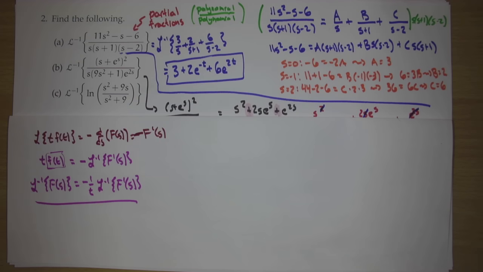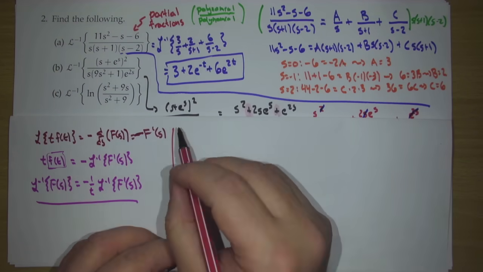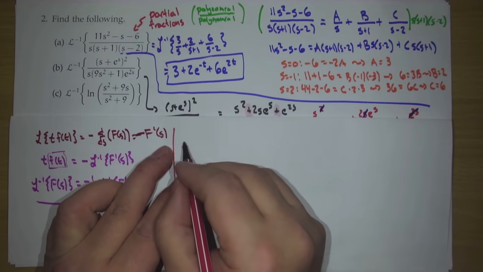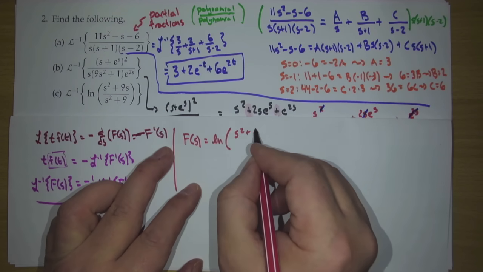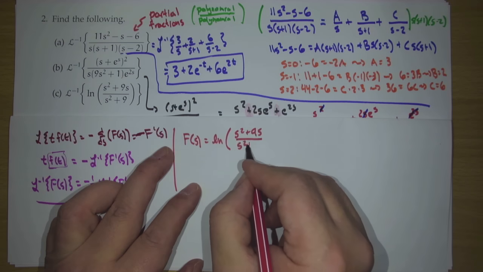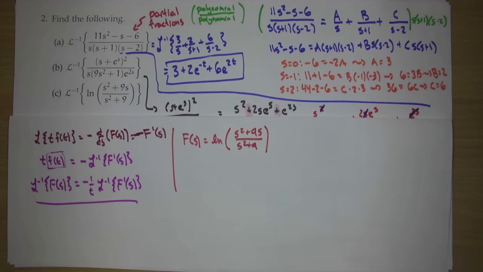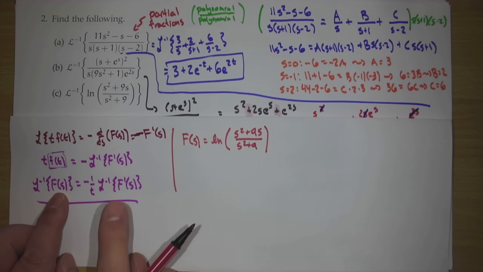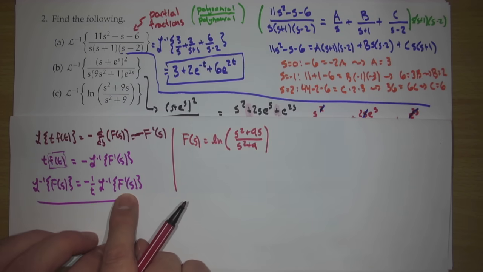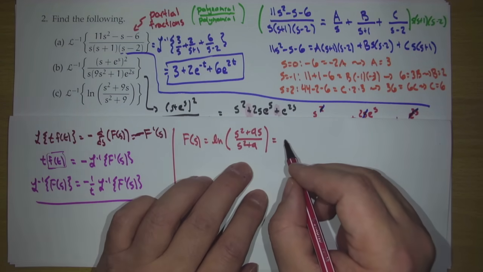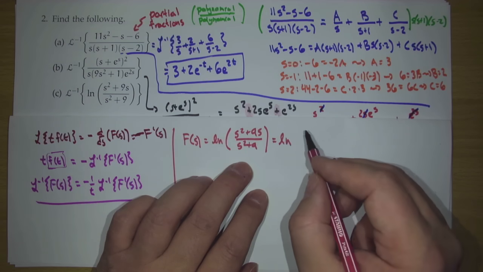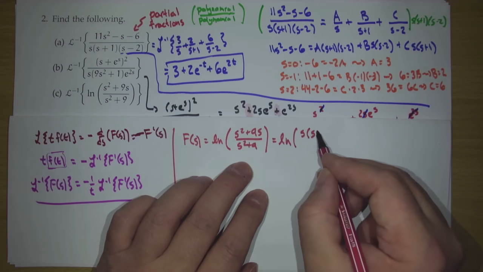All right, so how do we use this? Well, we're trying to do this inverse Laplace of something messy. So right now our function F of s is log of (s squared plus 9s) over (s squared plus 9). Instead of doing the left-hand side, the inverse Laplace of F, we'll do the right-hand side, which is the inverse Laplace of the derivative. So we want to take this derivative, but before we do that, let's use properties of logs. Now notice s squared plus 9s is s times (s plus 9).